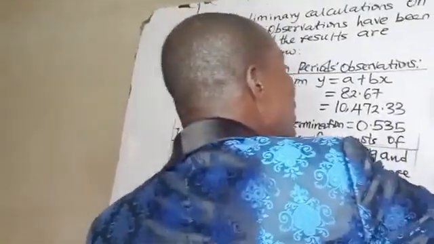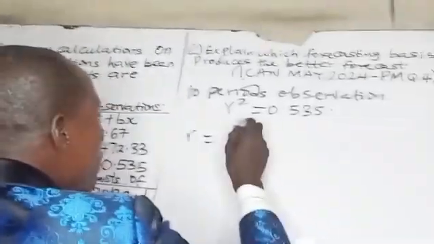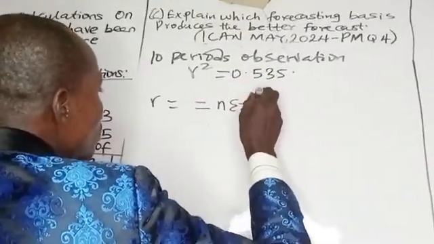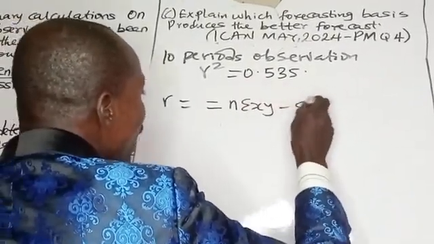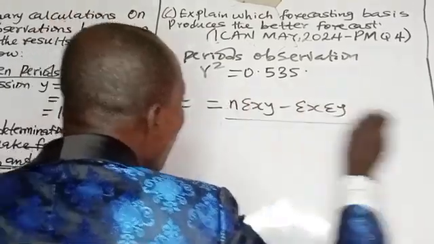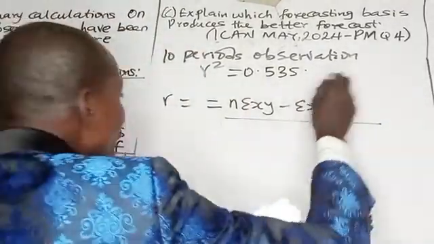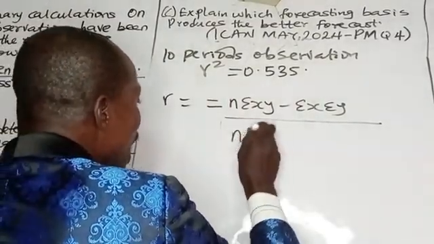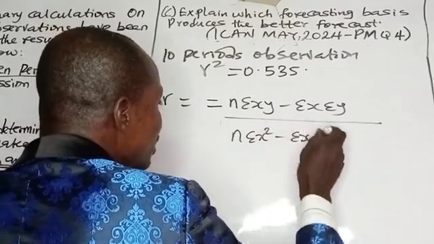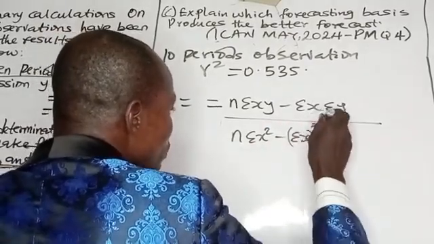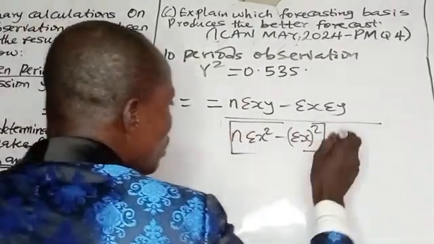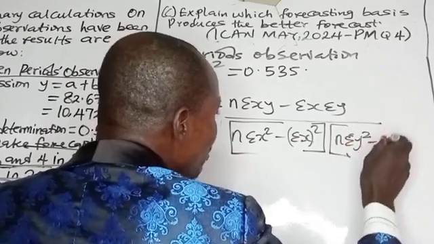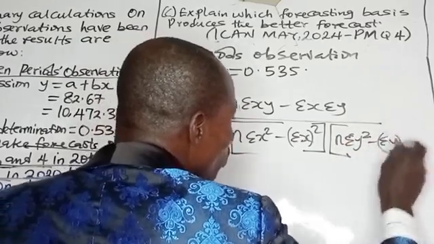Remember, the formula for the correlation coefficient is n summation xy minus summation x summation y, over the square root of n summation x squared minus summation x all squared, multiplied by n summation y squared minus summation y all squared.